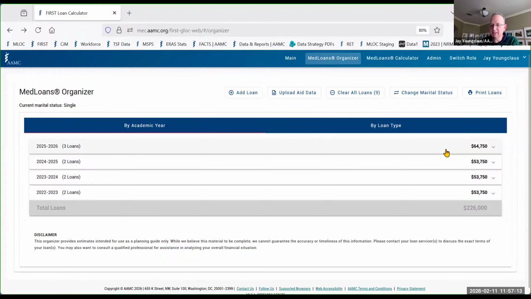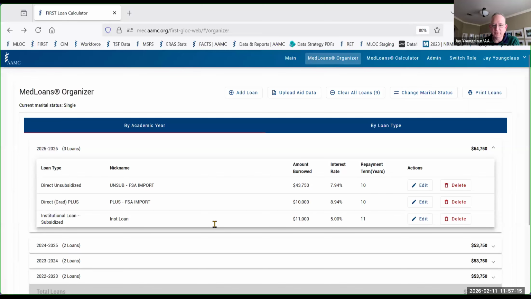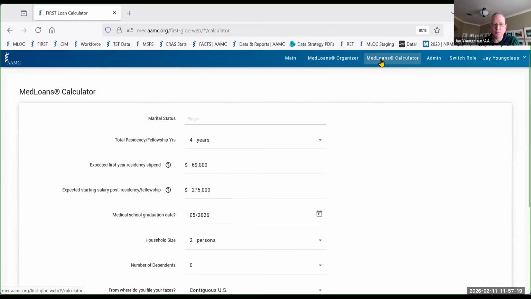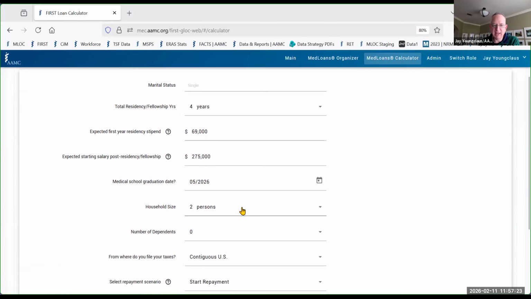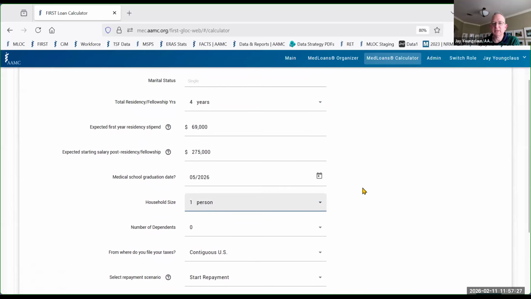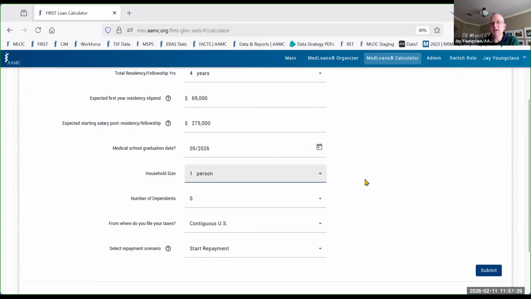Okay, so now we have 226 because in this fourth year, we have that $11,000 institutional loan with 11 years repayment. We're going to go back to the calculator. We can keep all these scenarios the same, except for want to make our household size 1 because we're single. This is probably a useful moment to emphasize household size and dependence. They're not linked in the calculator because they're not necessarily linked in real life.